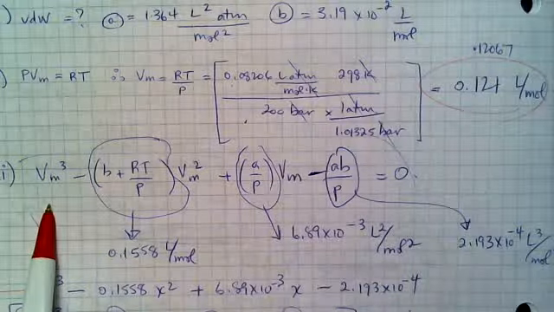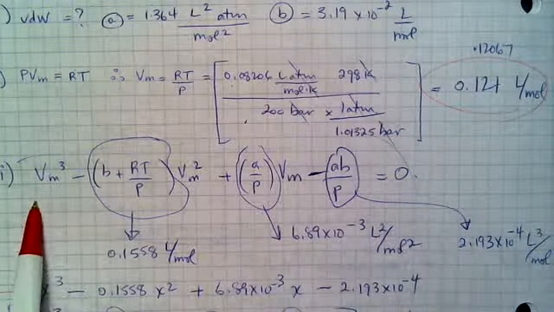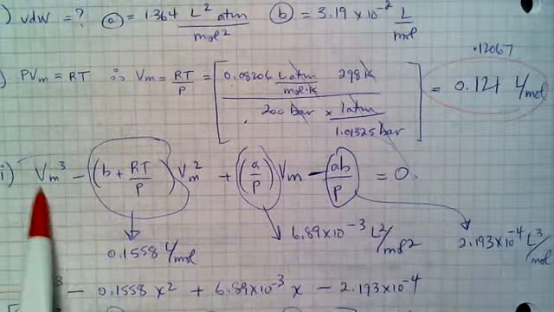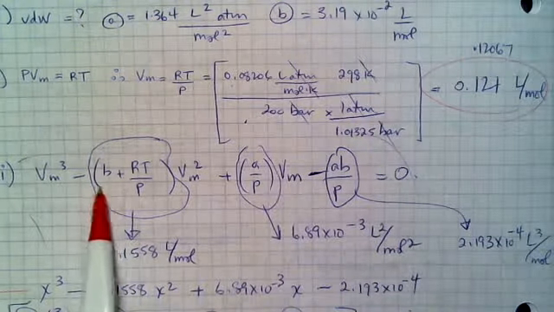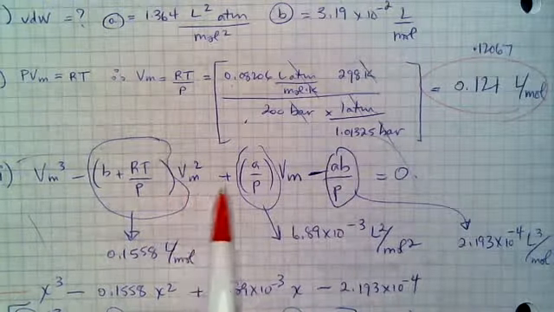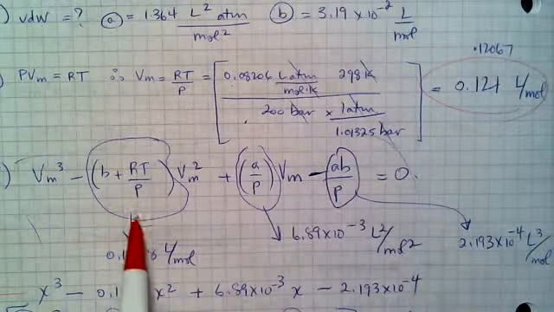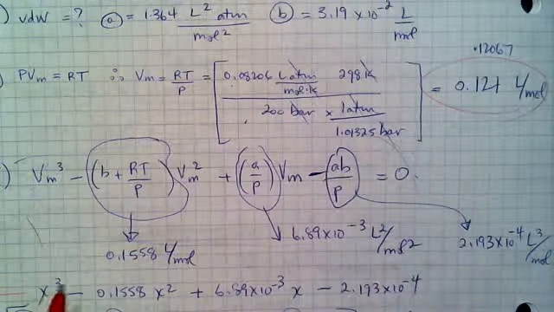Just like we have a quadratic formula, we have a formula that solves a cubic equation. So here it is in its cubic form. Vm cubed minus b plus RT over pressure times Vm squared, and so on. The a and b are the van der Waals constants that are given.